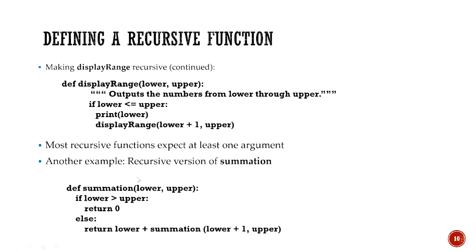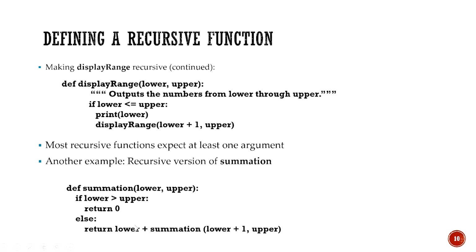Here you can see another example, recursive version of summation. So we had this example in the beginning. So we defined a function called summation, which adds up numbers from lower all the way through upper. Now we can make it a recursive function. We have this selection statement. If lower is greater than upper, return 0.